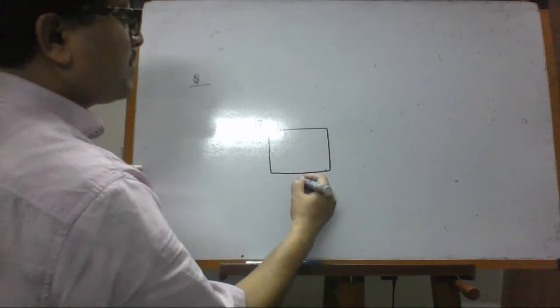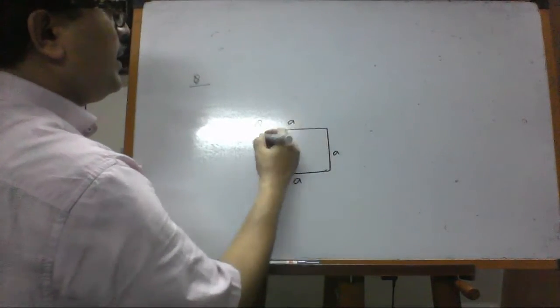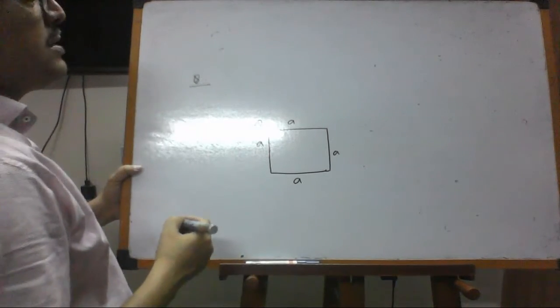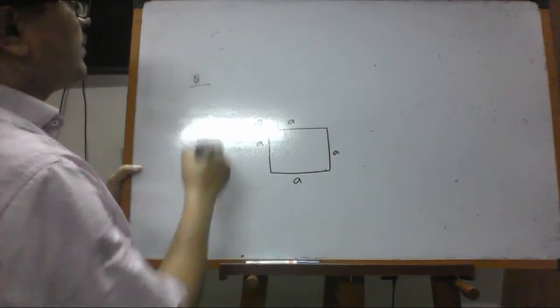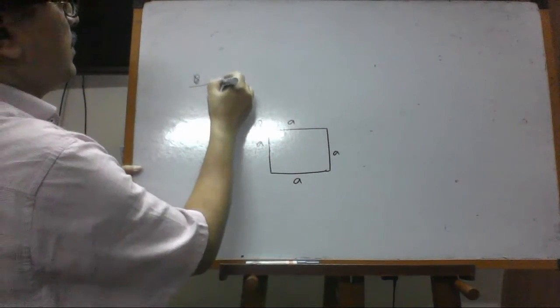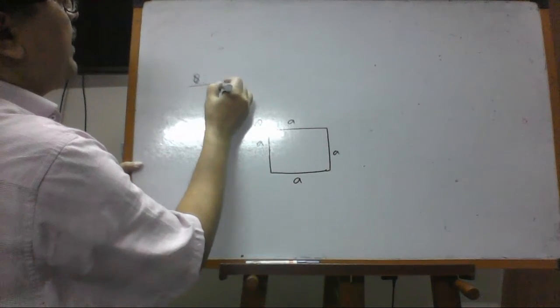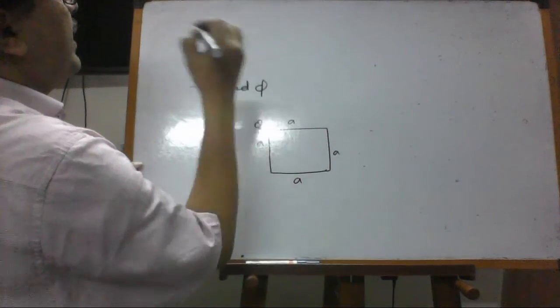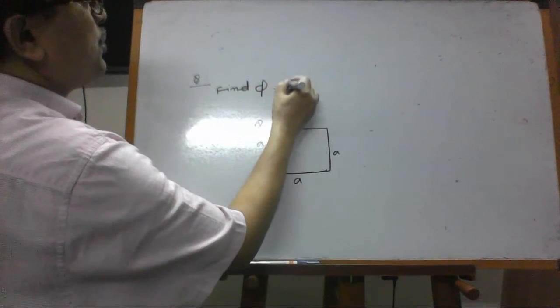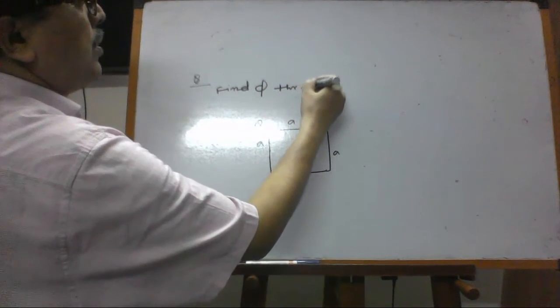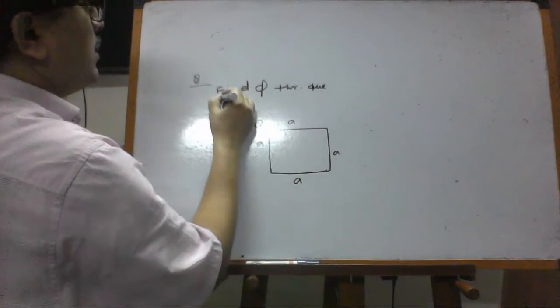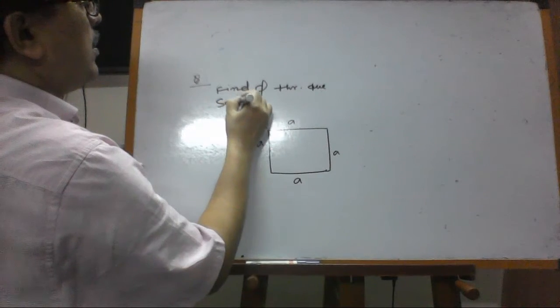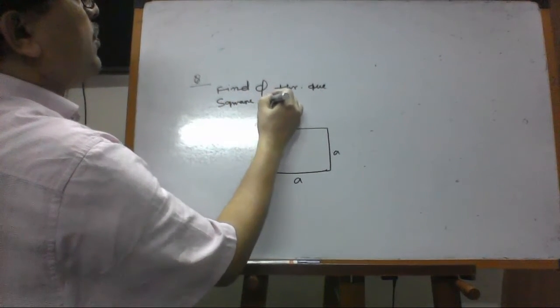This is the square of side length A. What will be the flux through the surface? Find phi through the square plate.